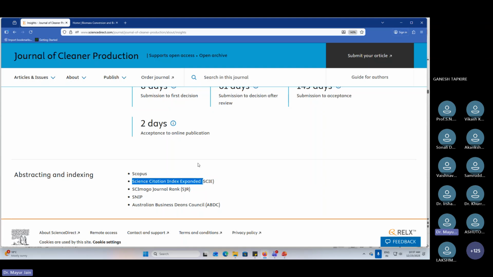And for the students or faculties coming from management, they can also target the ABDC list, sorry. There is the Australian Business Deans Council database, and from that you can find out which journal is suitable for you. So that can also be followed. But again, it must be indexed in Scopus and SCI as much as possible.